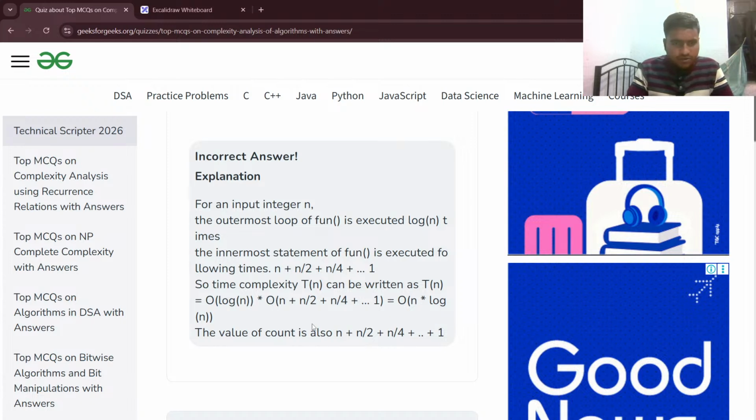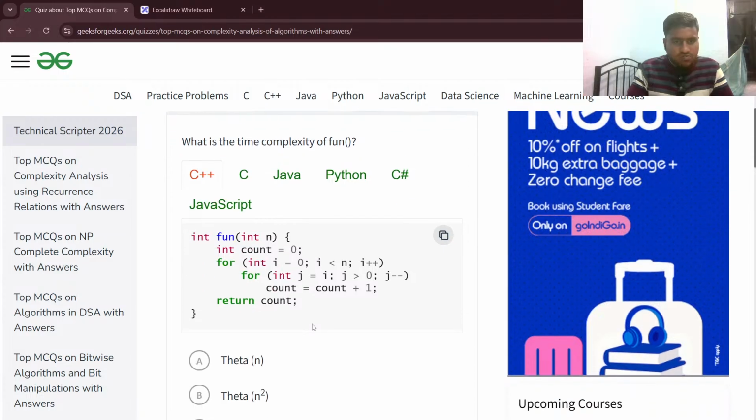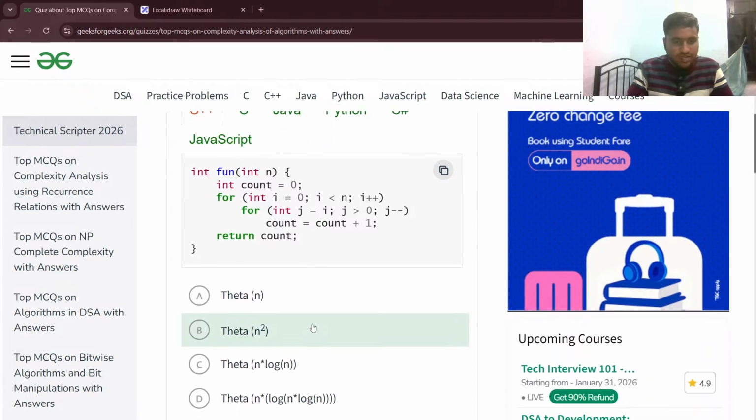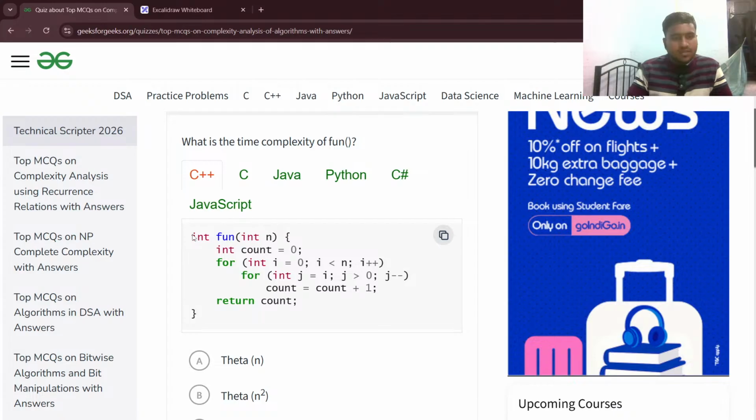For now, let me check the other one, how I made that mistake. Let me check this for i functions and int count is equal to 0. What is the complexity? I is equal to 0, this loop is running how many times?